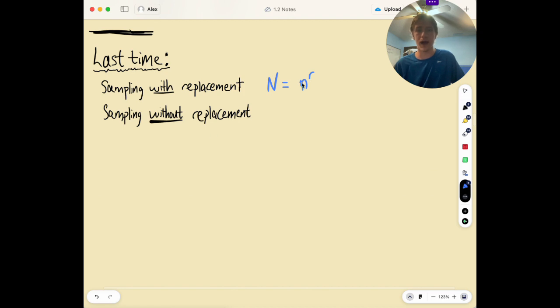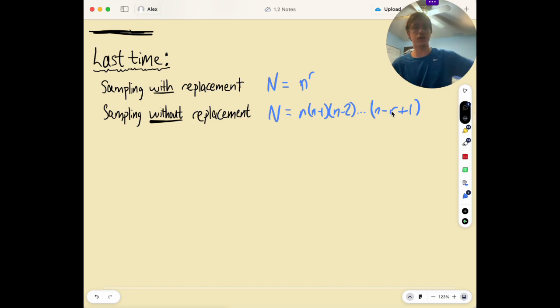And if you're sampling without replacement, capital N is going to equal n times n minus 1 times n minus 2 times all the way, and then your last term is going to be n minus r plus 1. Watch the previous video if you want to see where these come from, but we're going to use these a lot today.